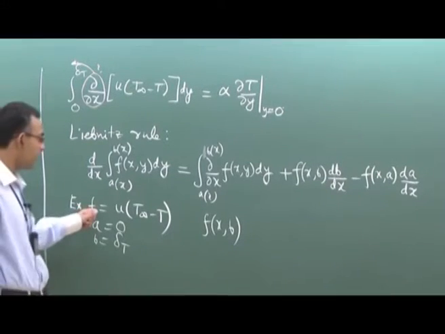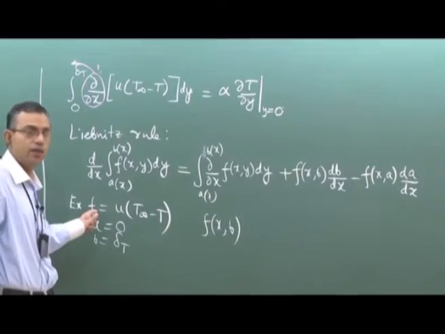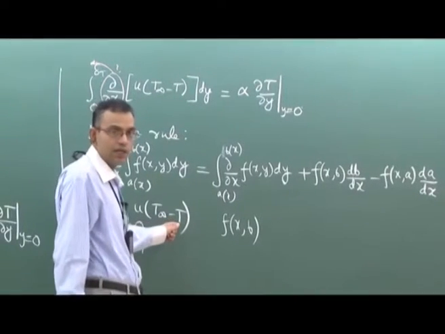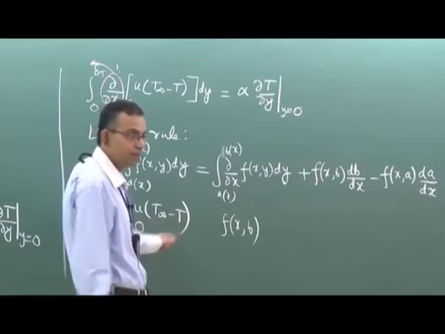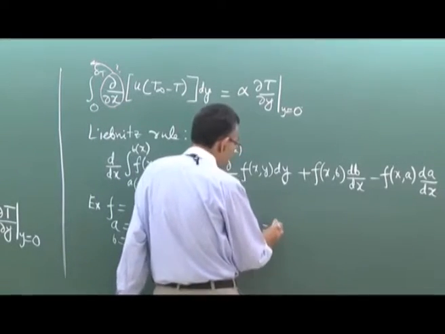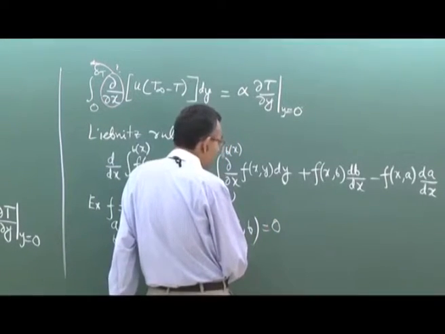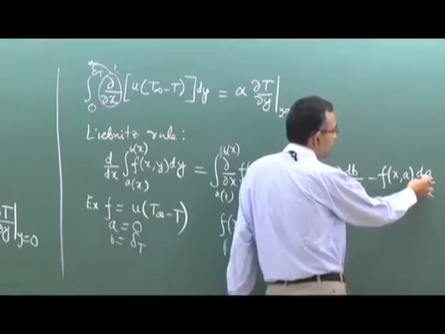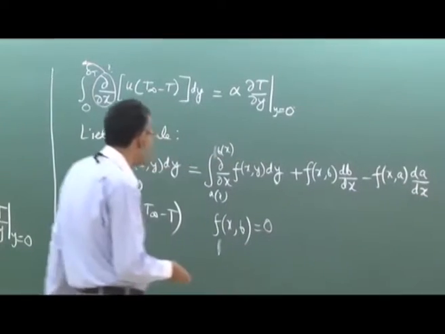That is f at y equal to delta t, which is 0, because at y equal to delta t, T is T infinity, so this term becomes 0. What is the other correction term? This is 0 because a is 0, so dA dx is 0.